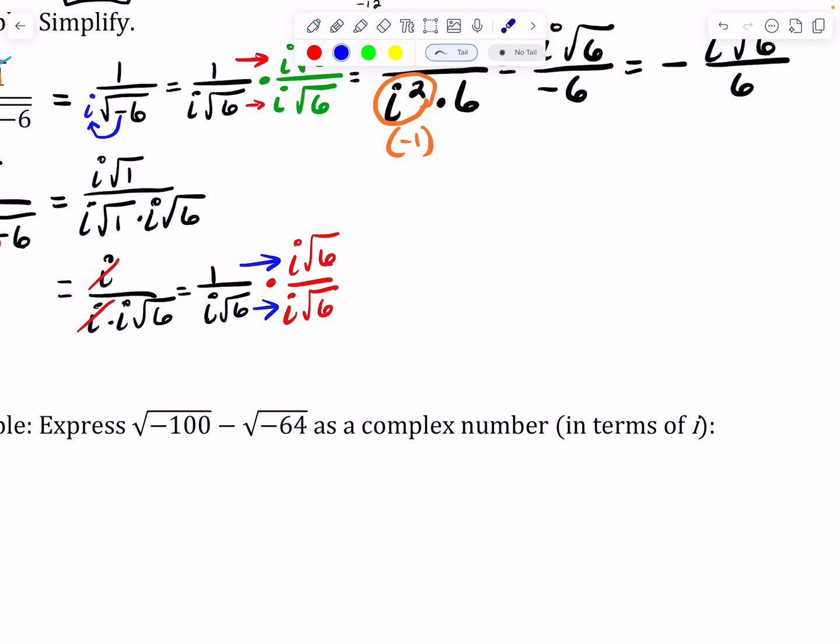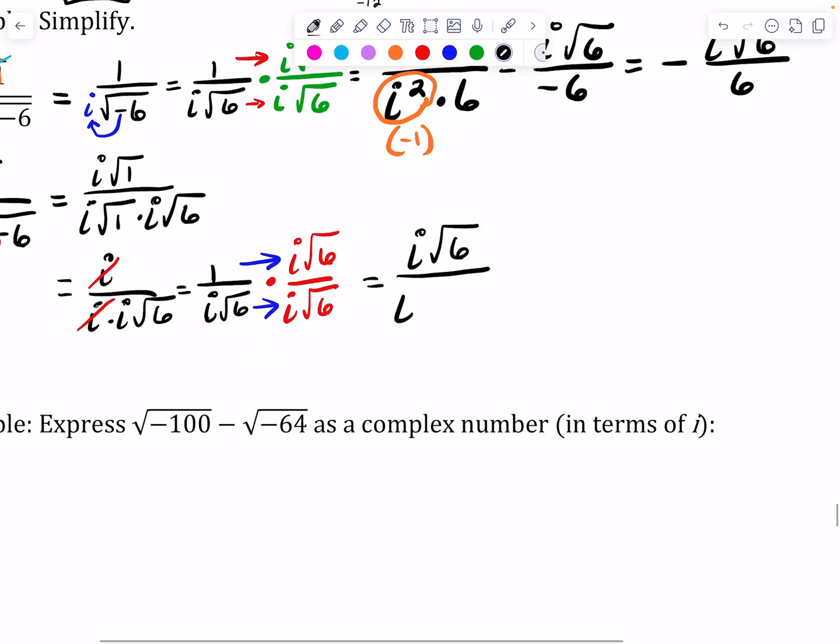So we get I square root of 6 over, and that's going to be I times I, which gives us the I squared. And anytime you get I squared, we're going to replace that with a -1. That's how we get rid of the I on the bottom. We want it to be I squared.